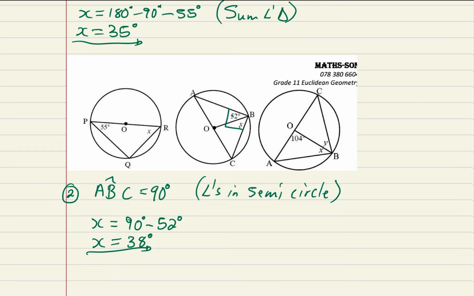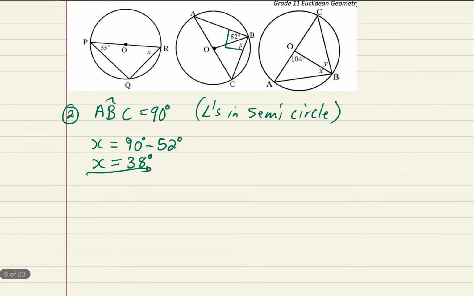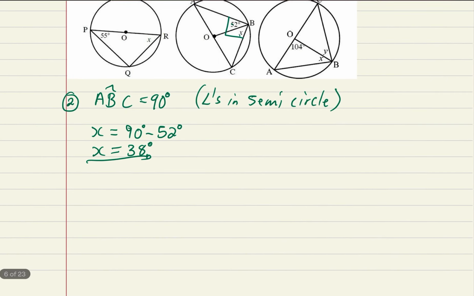Now the third one, the one I've been talking about. Step number one, I have these two radii. Can you see them? That means I can use the sum of angles of a triangle first.